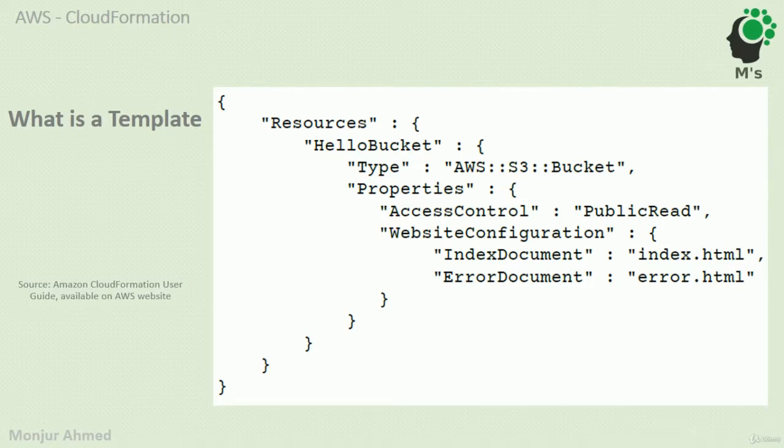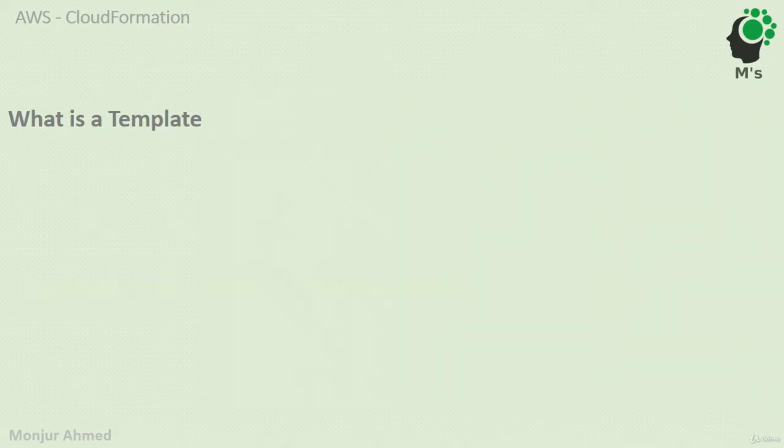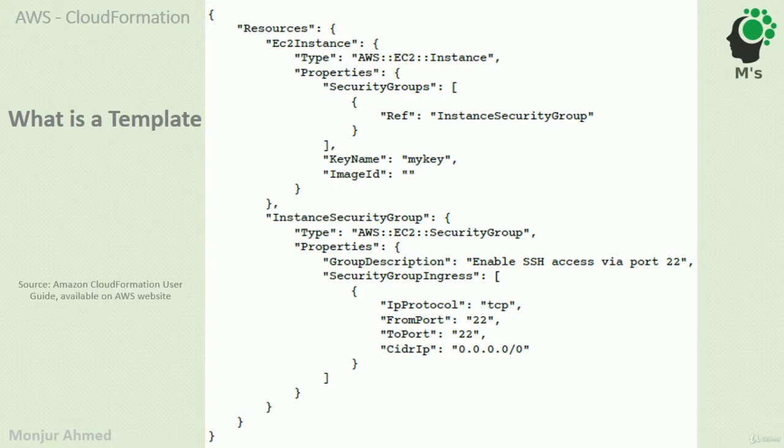Now let's look into another example to understand templates a bit further. So here we have another template file. If you are familiar with EC2 from some other video tutorials, we know that we need a key pair, we need to configure a security group, and we need to specify the ports, the services that we need.